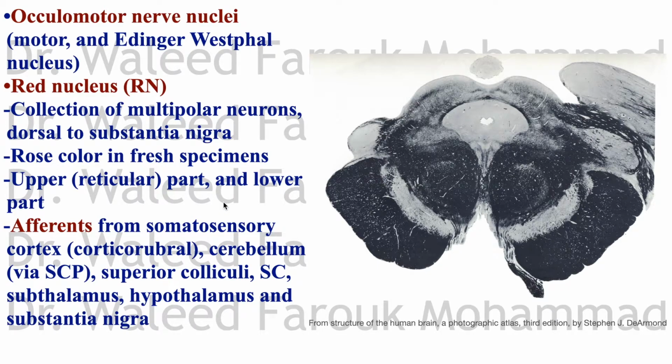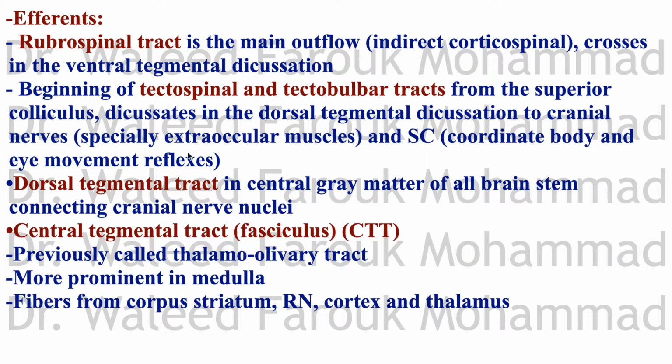So these are the afferents for the red nucleus. The efferent from the red nucleus is the rubrospinal tract, the main outflow. It accompanies the corticospinal tract and is called the indirect corticospinal tract. The function is not very well understood, but it controls voluntary movements like the corticospinal tract.